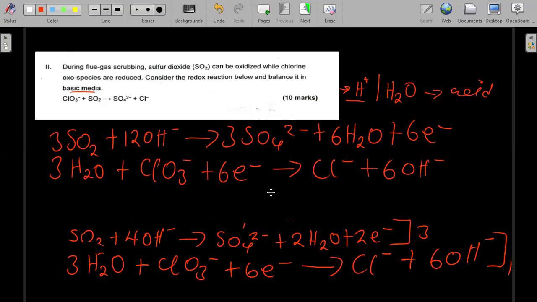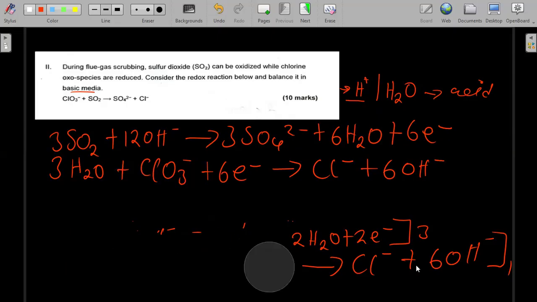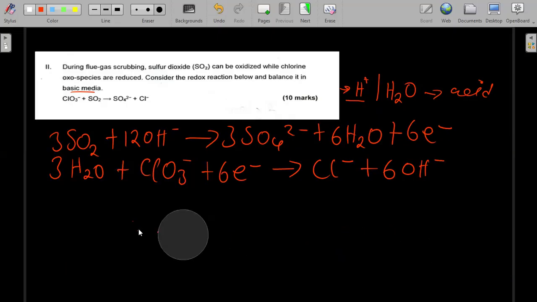So we've balanced our 2 half reactions. The next thing, you want to cancel the species that are common. So we look at the reactants on this side, and the products on the other side; you find the species on this side which is also found in the products of the other one. Such species are going to be cancelled.